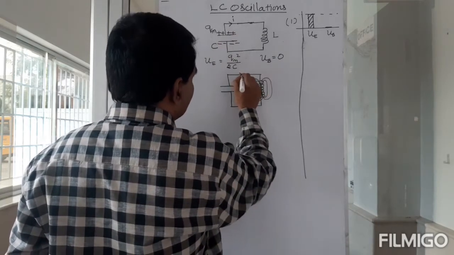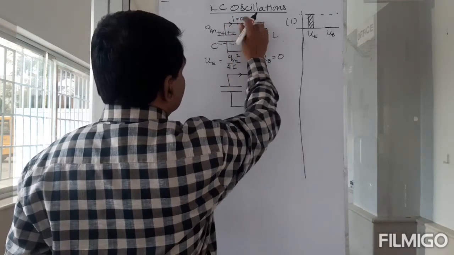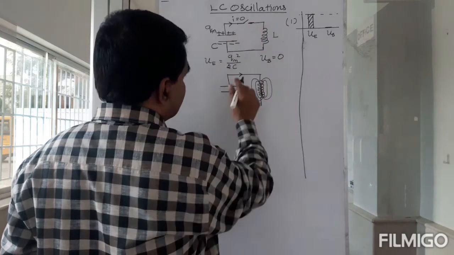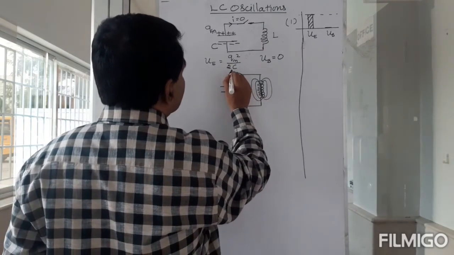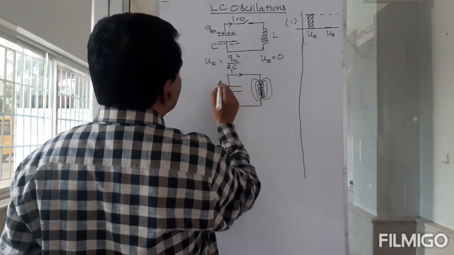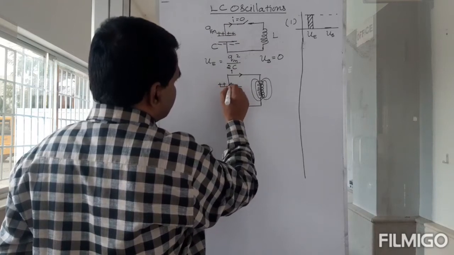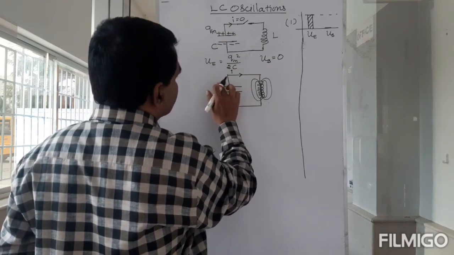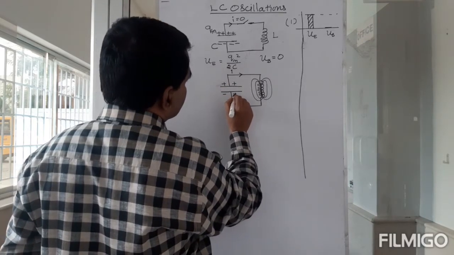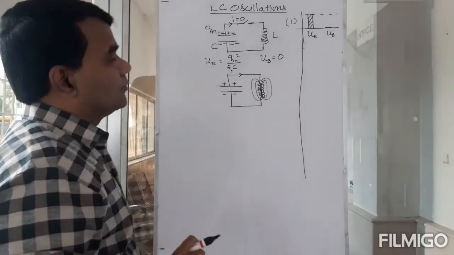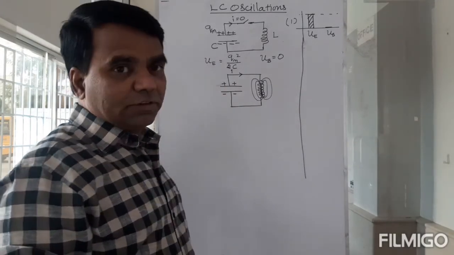Initially the current is 0, then the current starts flowing. As the current starts flowing, you have some current I here. Suppose I have lost half the charge. Let's say I got only this, plus, minus, half of this time.